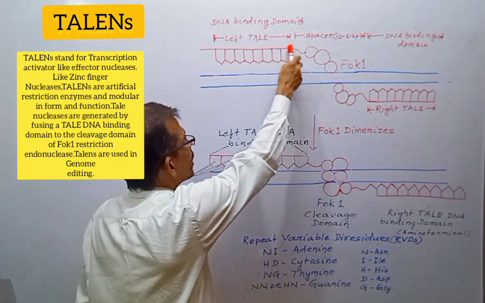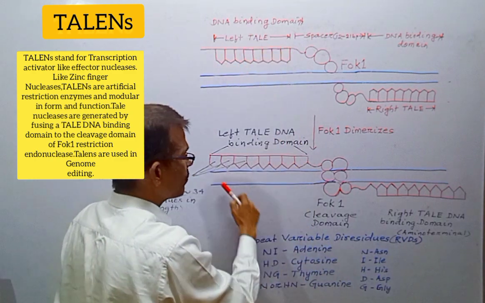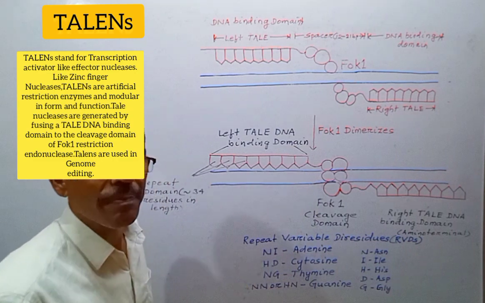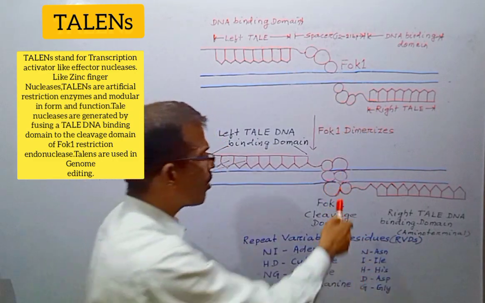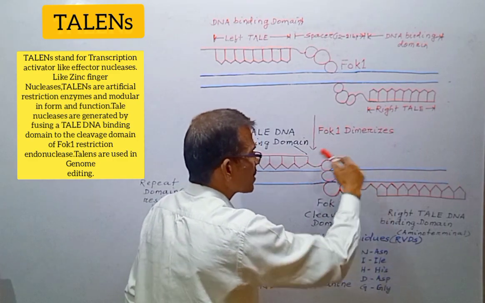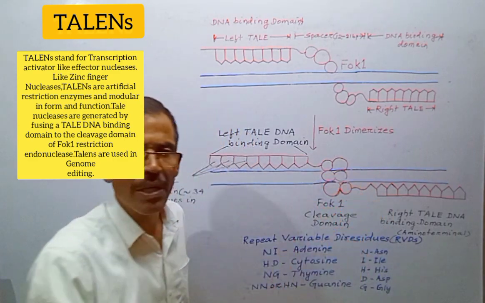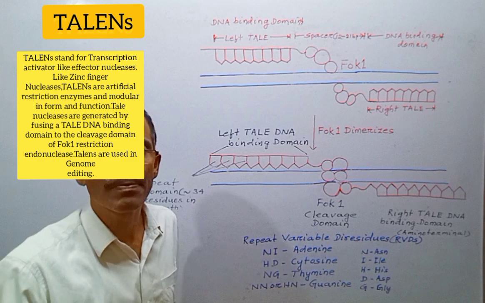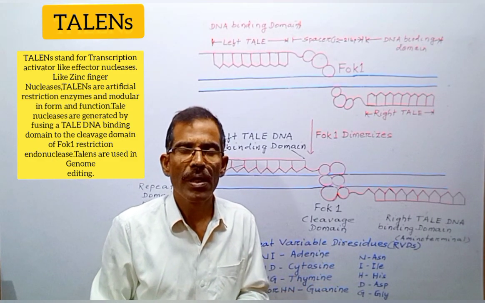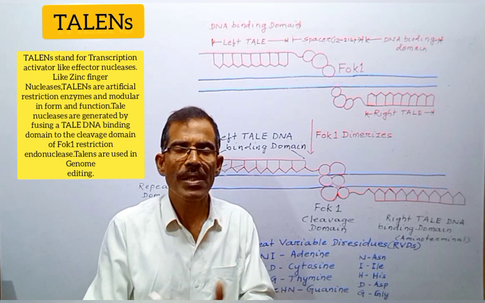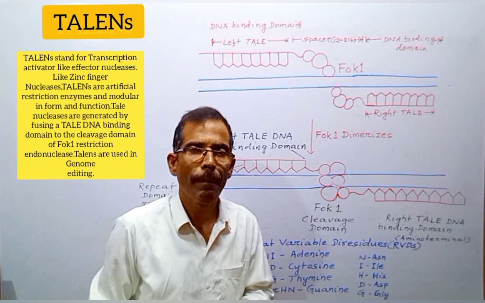The TAL domain binds with a specific sequence of DNA. Two such monomers assemble to form a dimer which cuts the DNA within a spacer sequence. TALs are typically assembled to recognize between 12 to 19 base pairs of DNA.